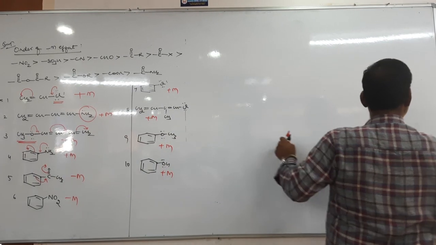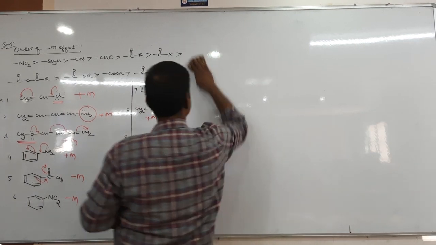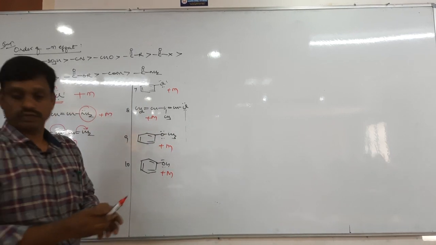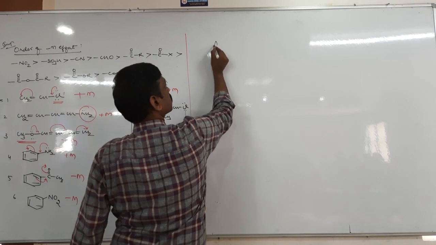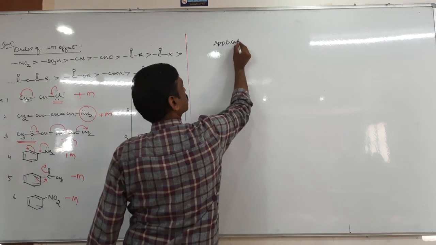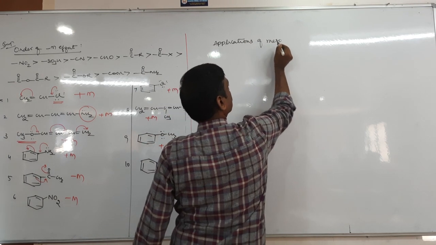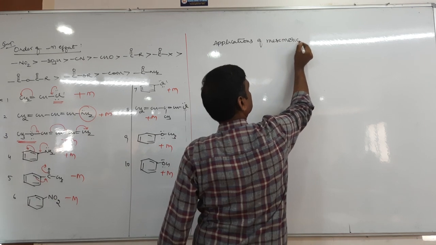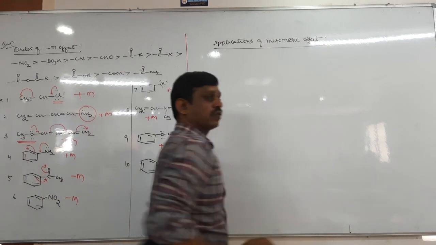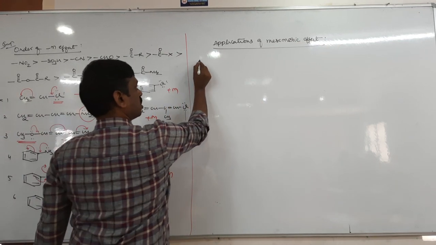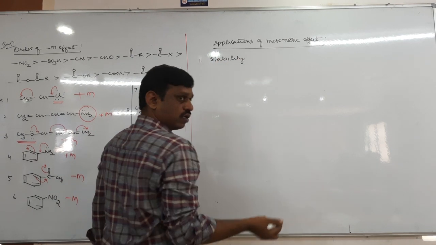The groups which have one or more lone pairs can exhibit plus M effect. Next, applications of mesomeric effect. First, stability of carbocation and carbanion, which you have been studying in every electronic effect.